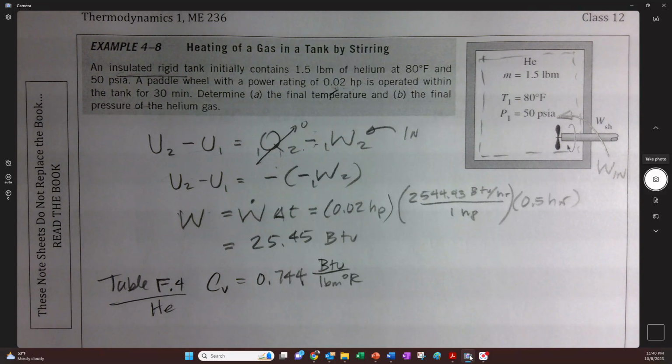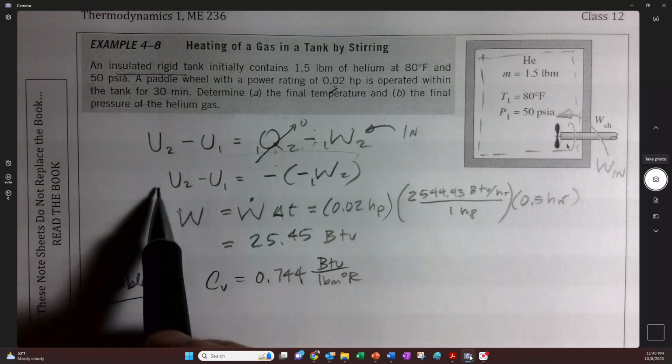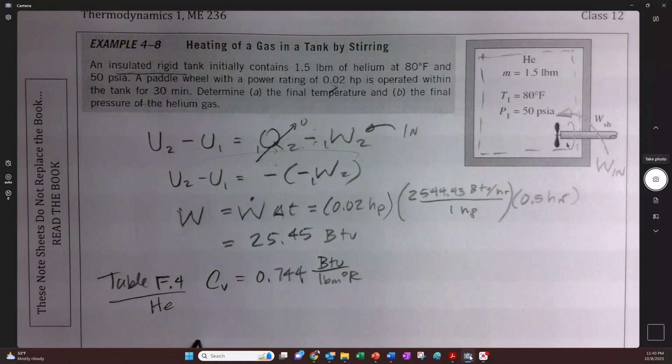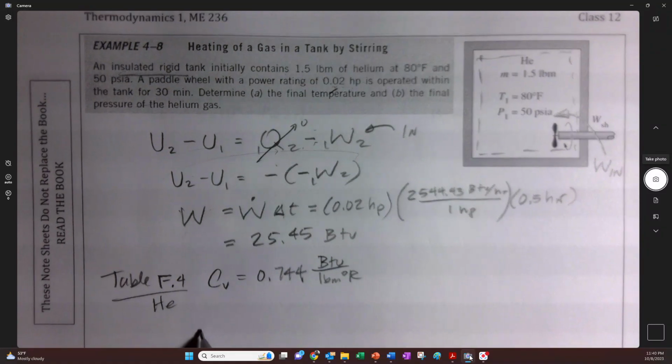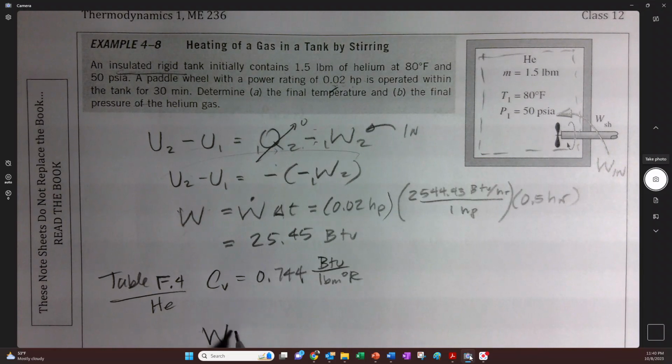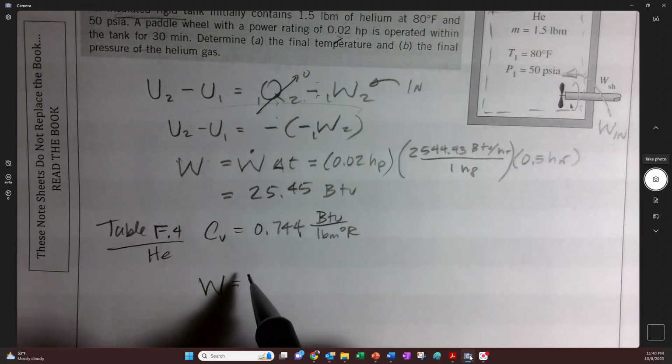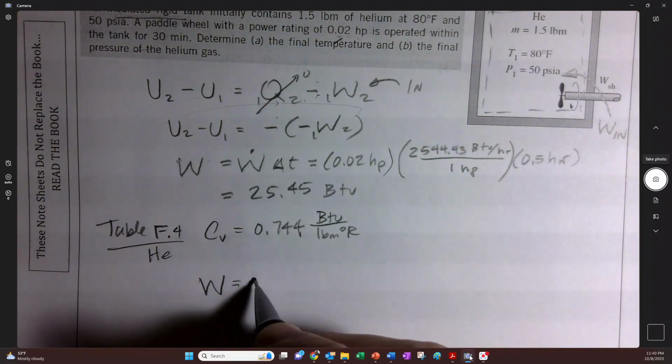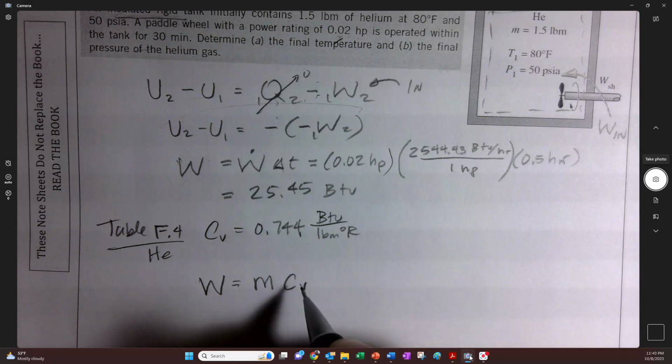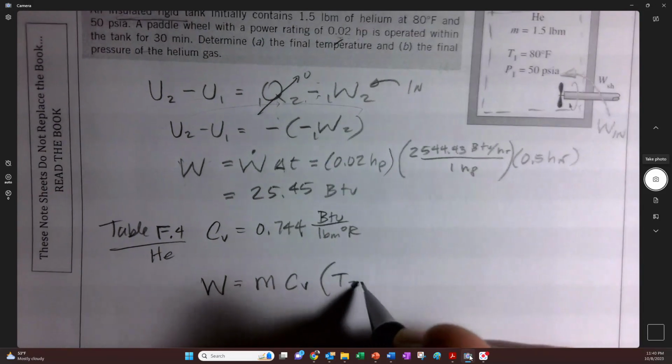That's good to know. All right, so we're all set up. Work is equal to the change in U, which is mass times Cv, T2 minus T1.